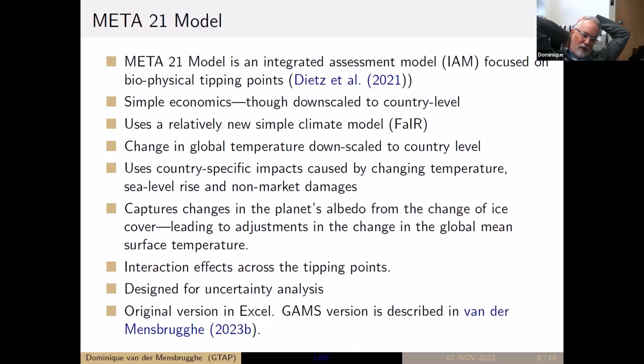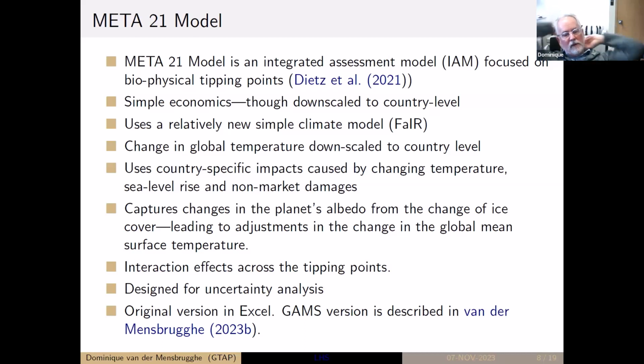So the economics is very simple, but that's not really the focus of this talk. It's using a relatively new simple climate model called FAIR. For those of you following DICE, Nordhaus's latest adaptation of DICE is also using the FAIR simple climate model. I'll talk a little bit about that in a couple of slides.